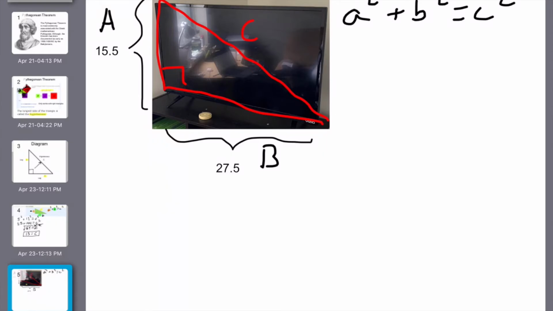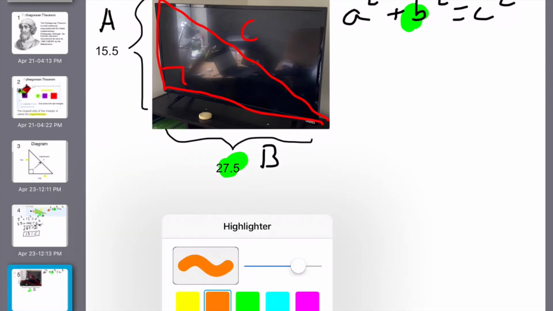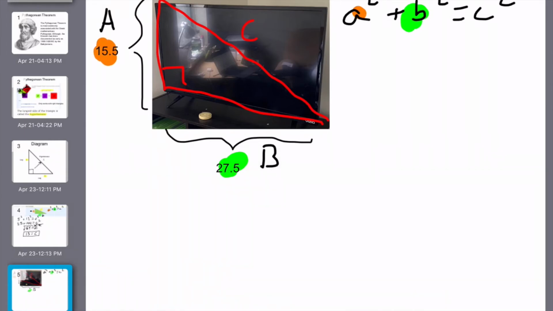So I need to put in the appropriate numbers in the appropriate spots. So I'm going to move down here: 15.5 squared plus 27.5 squared equals c squared.